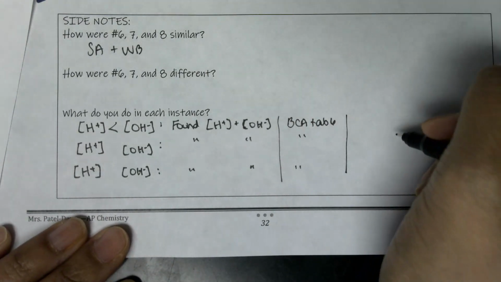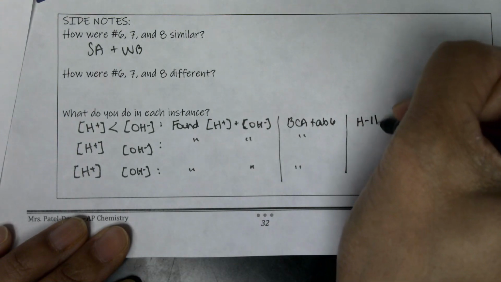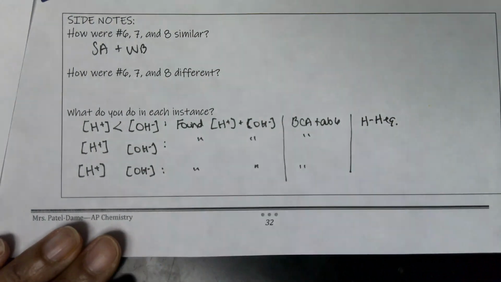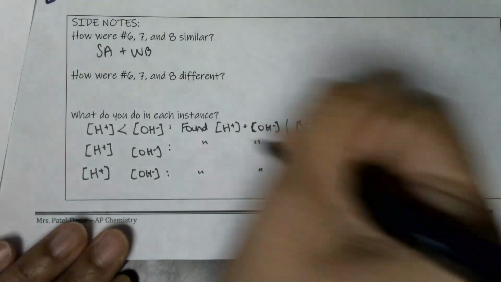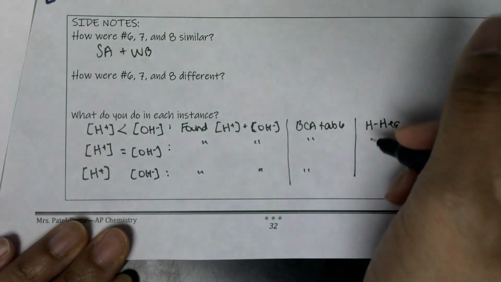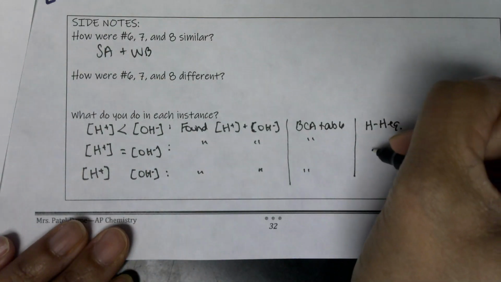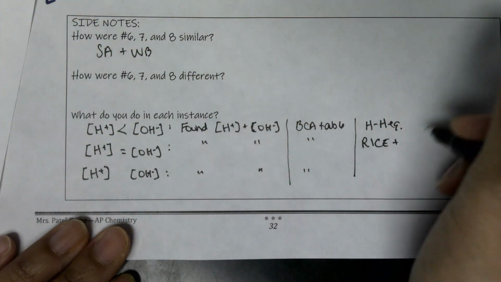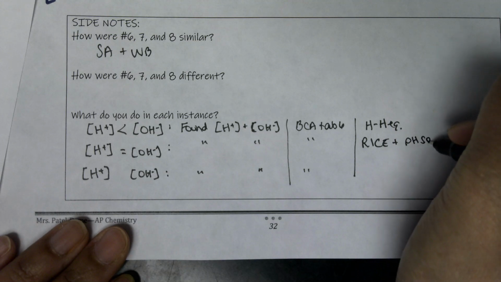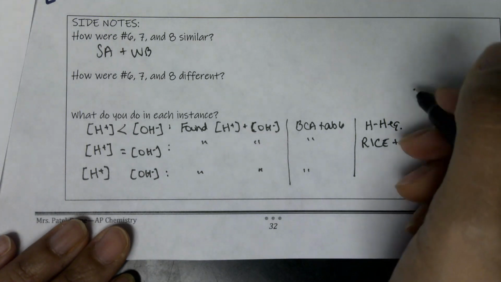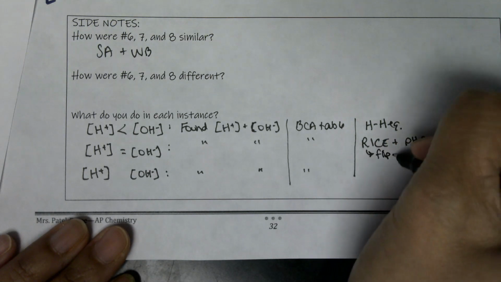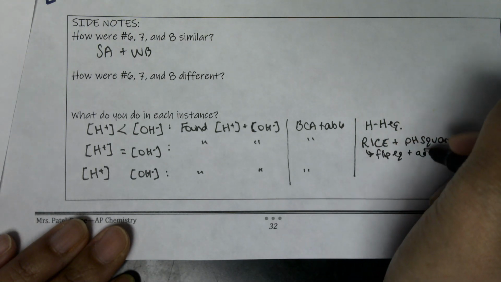This one, it ended up being a little different. We just used the Henderson-Hasselbalch equation. For number 7, we found that we had the concentrations equal to one another. So those were equal. For this one, we had to do the Rice table and pH squared. To make a note with that Rice table, we had to flip the equation and add water.